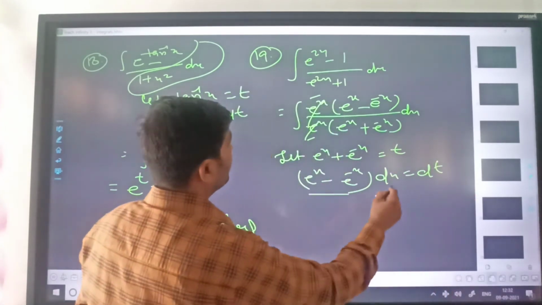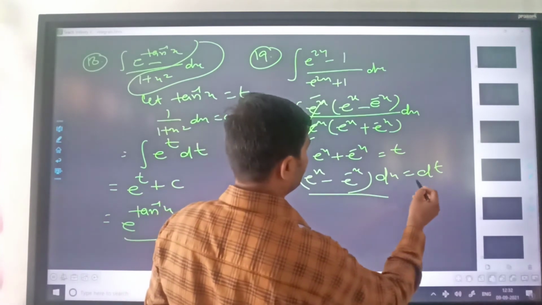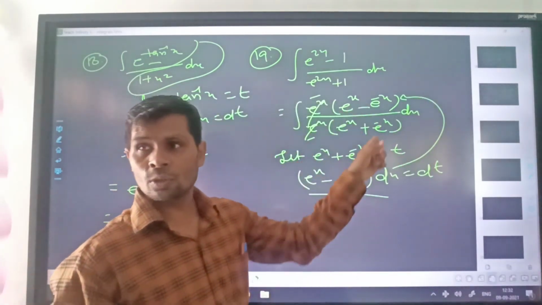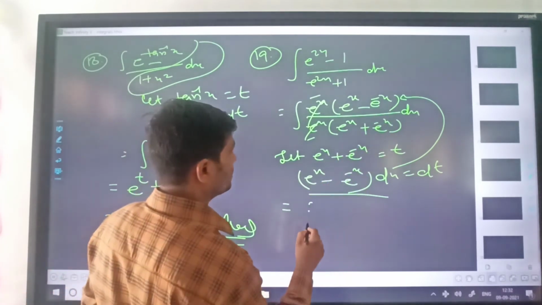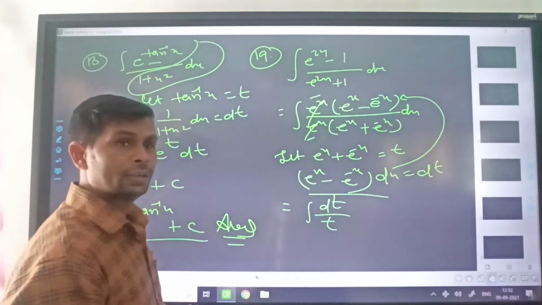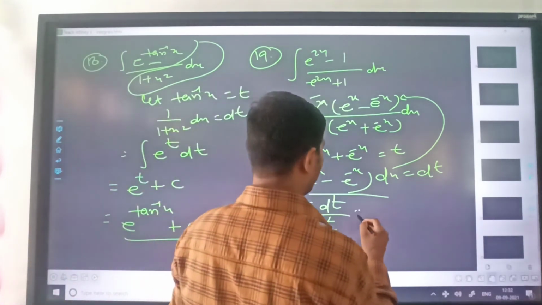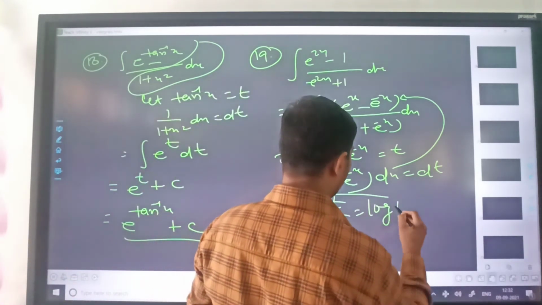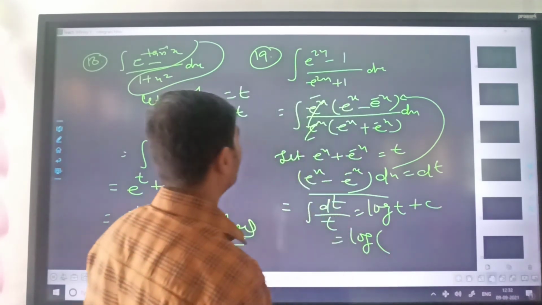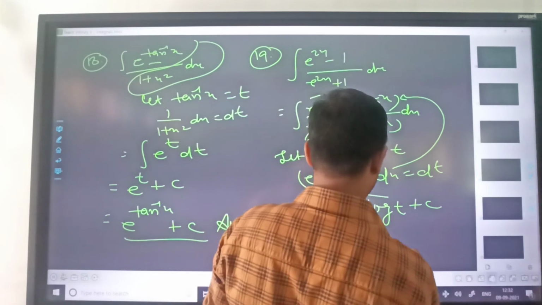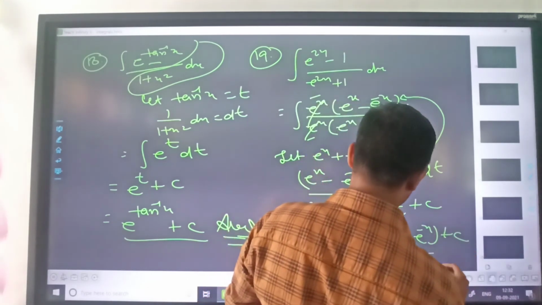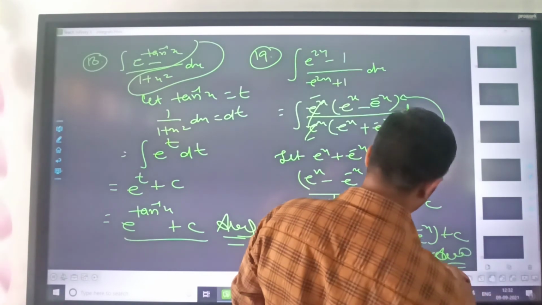Now you can see the same thing is here in the numerator: e raised to the power x minus e raised to the power minus x. So we can say dt over t, which can be written as log of t plus c. In the value of log t, you should put the value of t. What is the value of t? e raised to the power x plus e raised to the power minus x, plus c. So this will be the answer of this question.